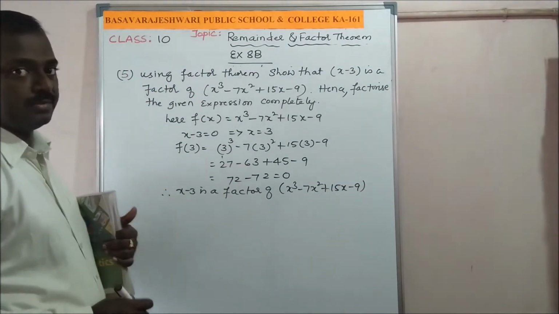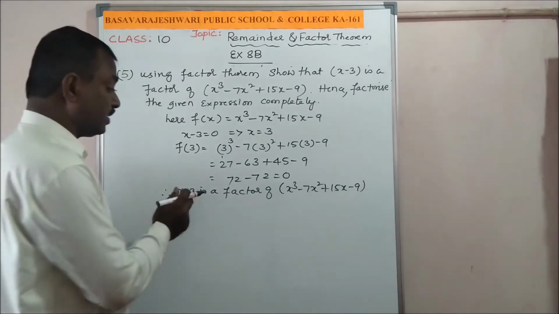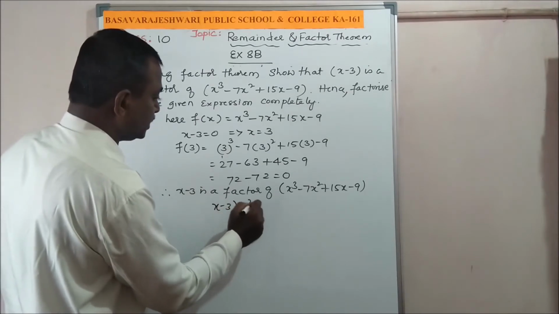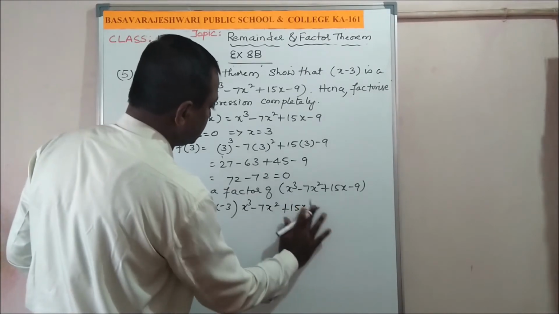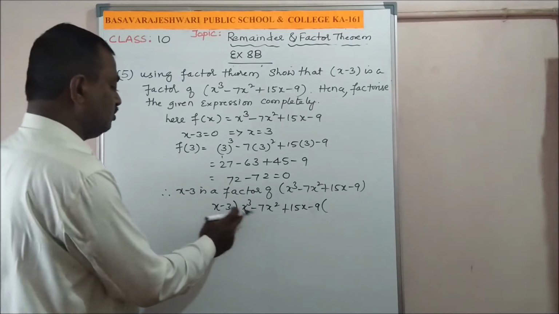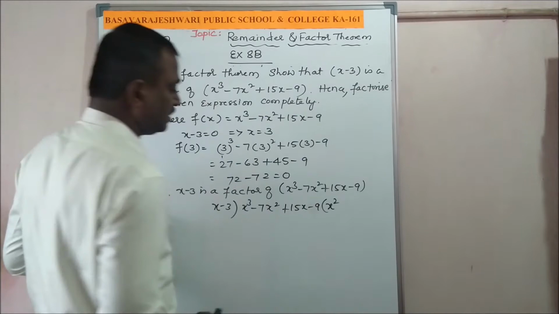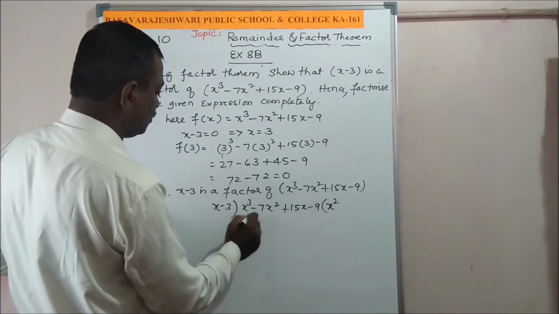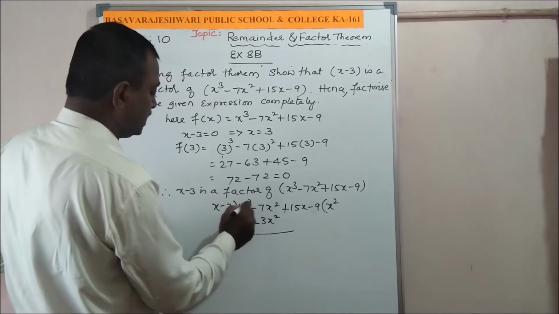We should not stop here only because they are asking to factorize it completely. Therefore, we have to divide now. x minus 3 into x cube minus 7x square plus 15x minus 9. We will get some quotient. So here x cube, here x, so we multiply with x square. x square into x cube, minus 3 into x square, minus 3x square.